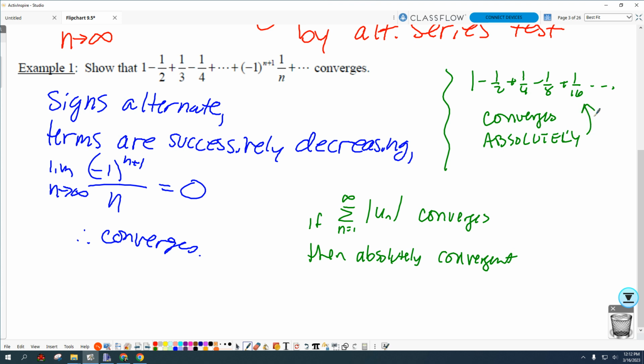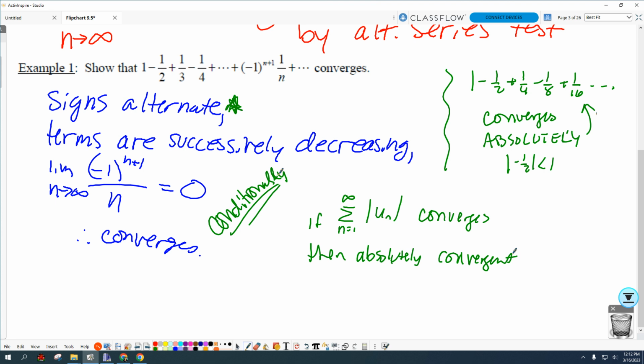This one converges absolutely because, did it matter that the negatives were on and off? The r value in this example was negative 1/2, and the absolute value of it was less than 1. Well, if the absolute value is less than 1, the positive of it's not going to matter. Did this one, does the sign being negative matter? Yes, it does. So this one is conditionally convergent. What was the condition?